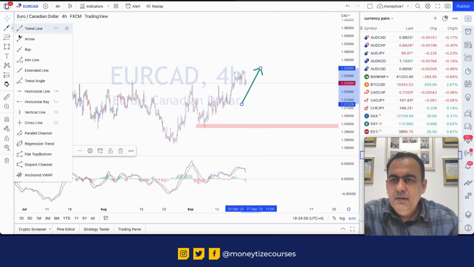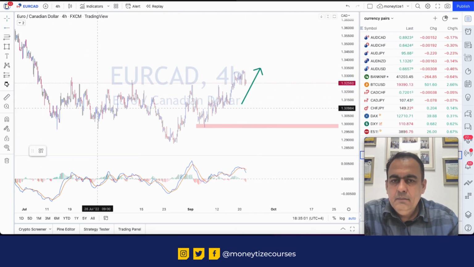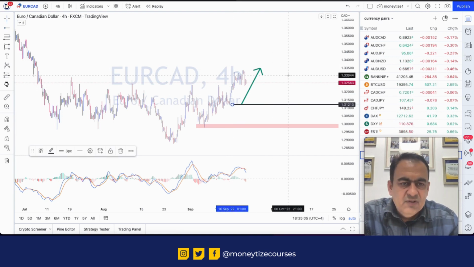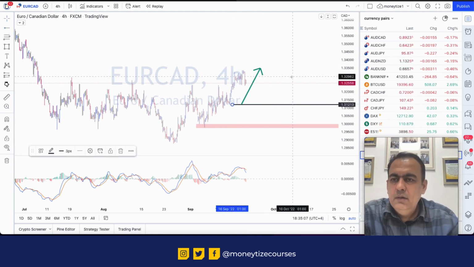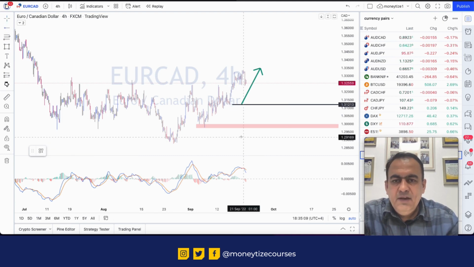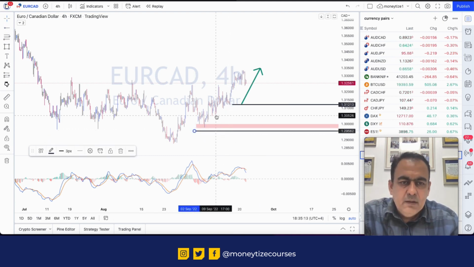So let's mark it. This is going to be my entry level, which is at 1.3121, and I'm planning to put my stop loss below this support area, which would be at 1.2956.